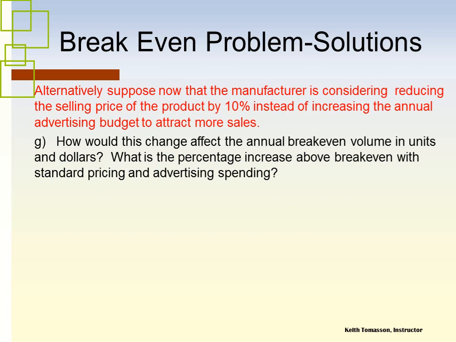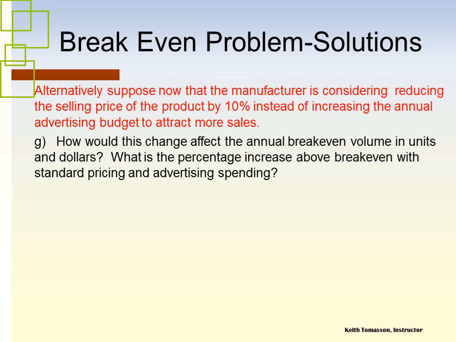Okay, so let's take a look at another what-if scenario. In our first example, we needed to increase our sales volume, so we looked at increasing our advertising budget by 10%, and we saw that that led to a 10% increase in the break-even point in terms of sales and in terms of the number of units that we need to sell.